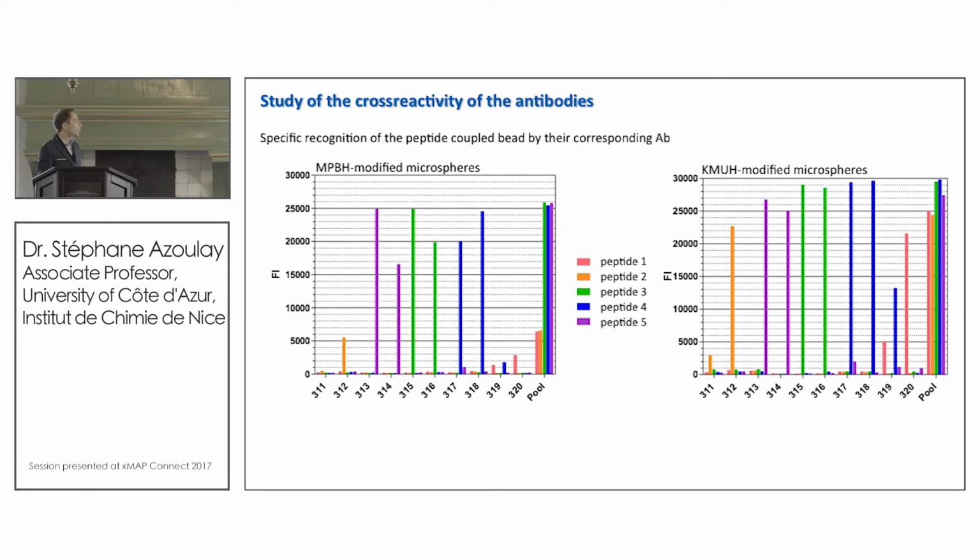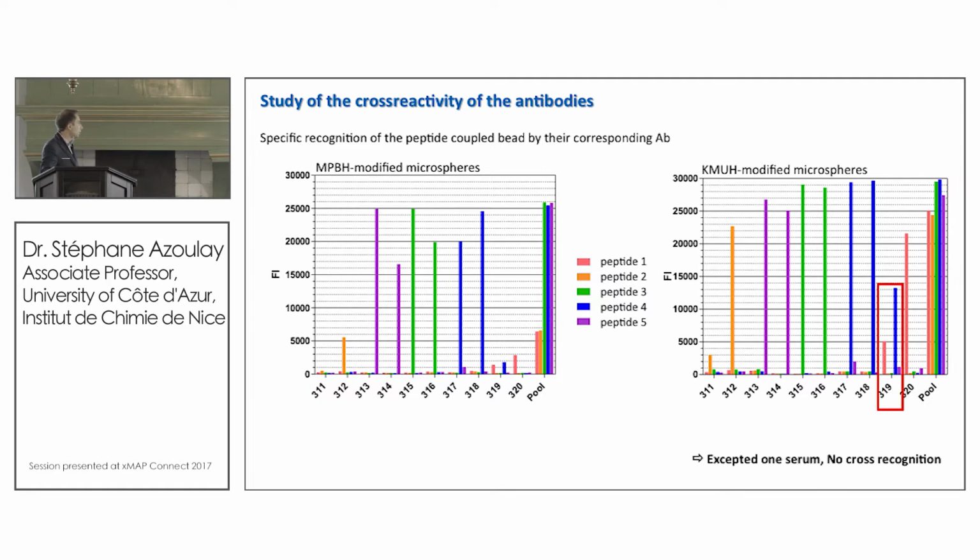Before doing that, we wanted to be sure, even if the peptides were very different and were selected to be very different, that the antibodies do not cross-react with the beads. So we tested, for each bead coupled with one peptide, all our sera to see if there was a recognition of the other sera to the bead.